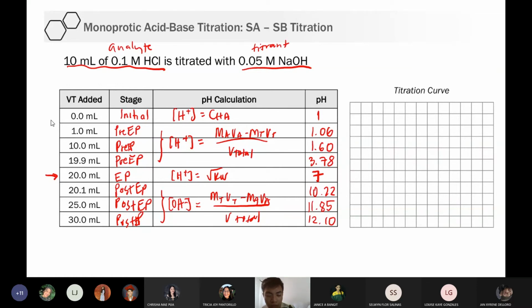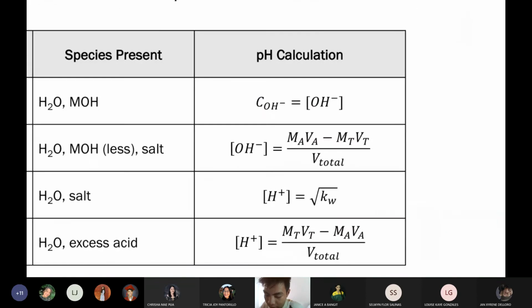So allow me to draw the curve, para makapag-solve pa kayo. Let me draw this. So pH on the vertical axis, 1, 2, 3, 4, 5, 6, 7, 8, 9, 10, 11. And on the horizontal axis, I have my volume of titrant.